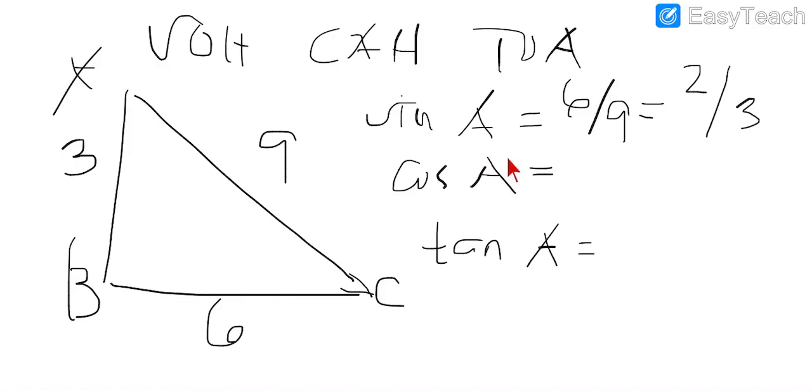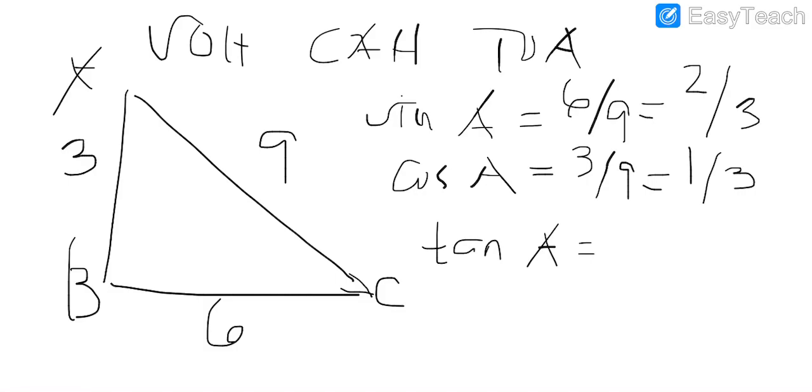Next, cosine of A, CAH. The cosine of A is just equal to the adjacent side of A, which is 3, divided by the hypotenuse, which is 9. So we have 3 over 9. That can also be reduced. 3 over 9, that is 1/3.